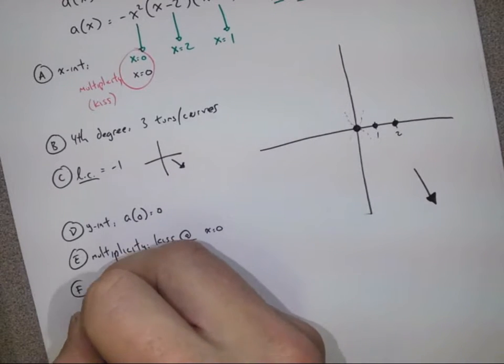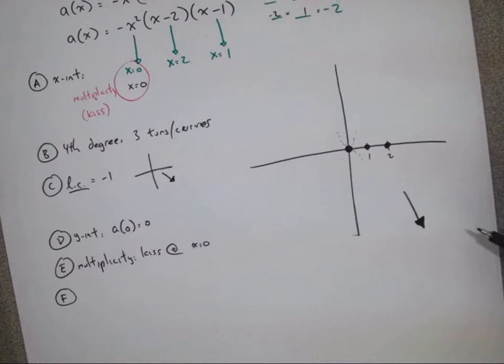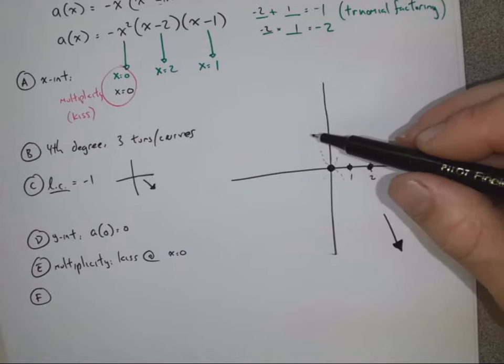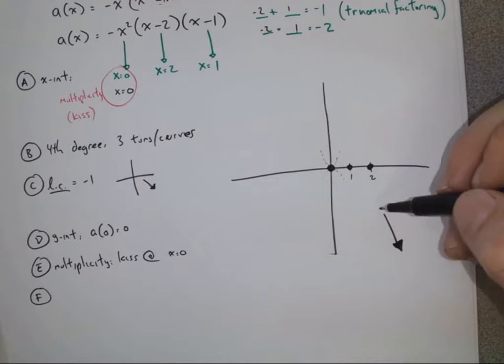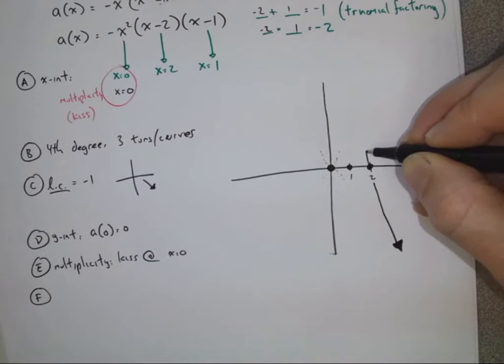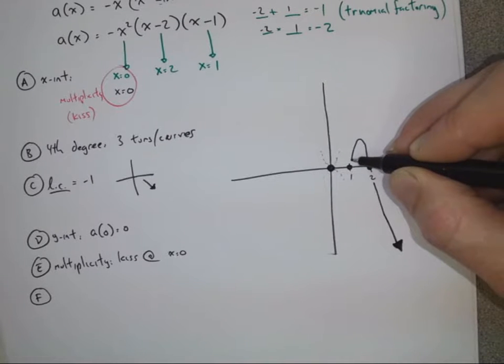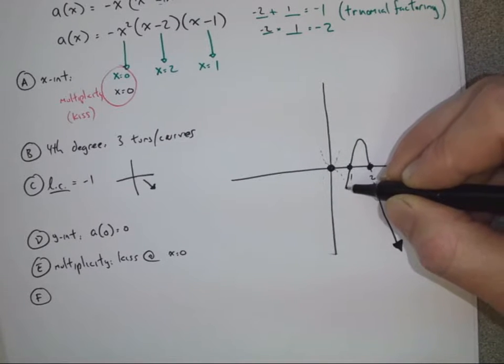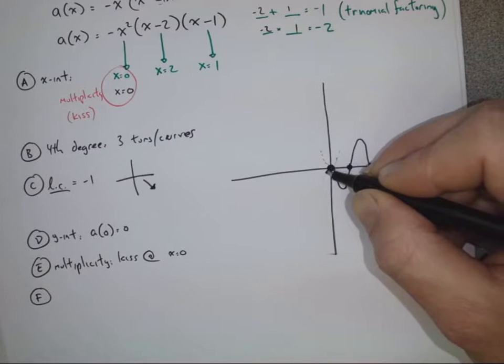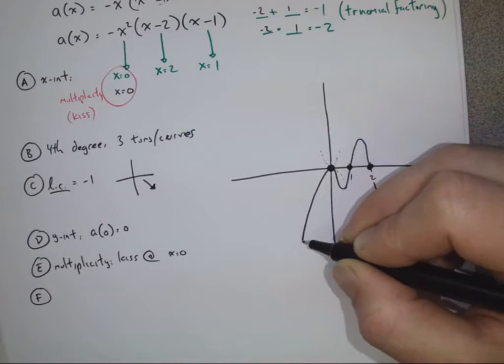We just want to acknowledge there is a kiss. And finally, we're going to connect the dots. Because I'm not sure about whether I'm going to start down here or start up here, I'm going to try and connect the dots from the right. So I know it has to go through 2, and it has to come down and hit 1, and then it must bounce up, and there we go. There's our kiss, down like that.